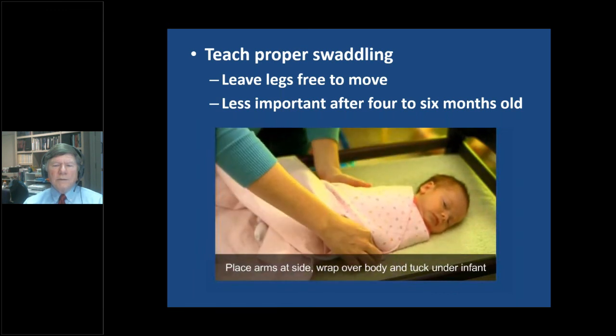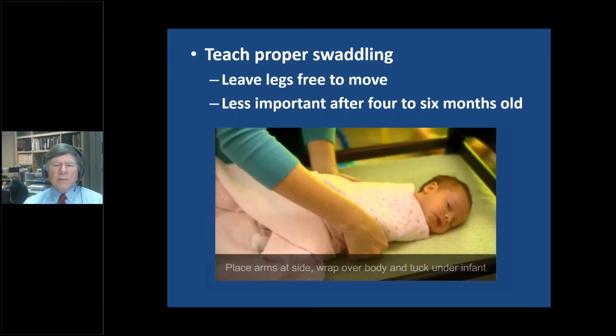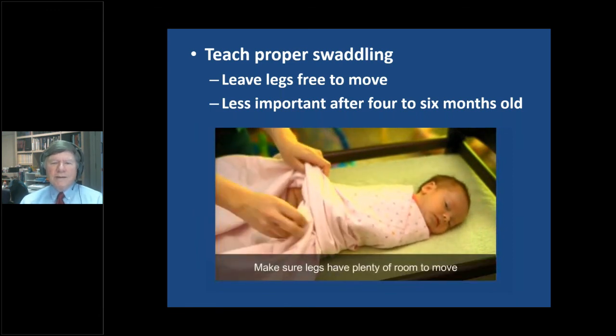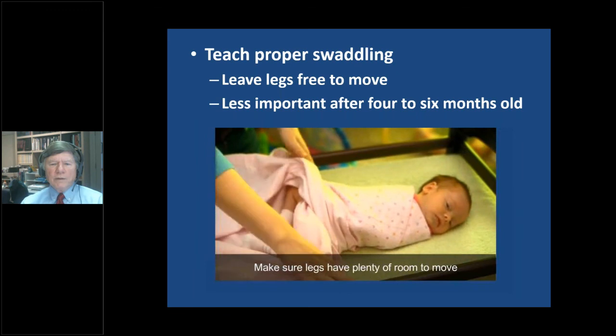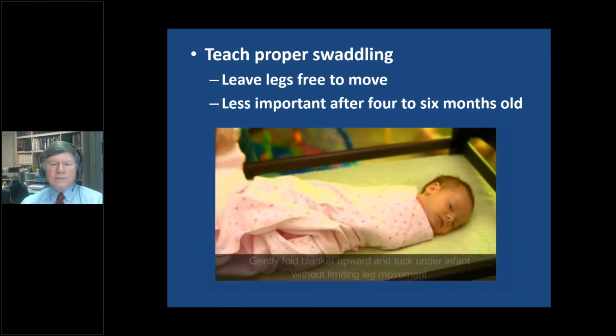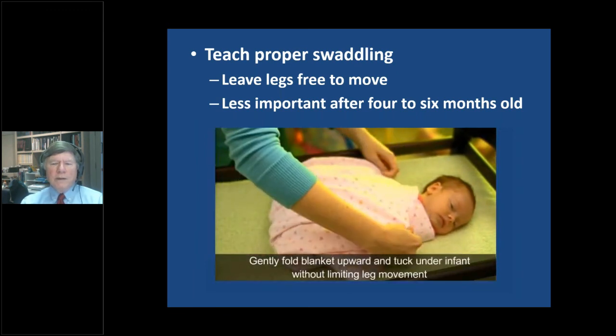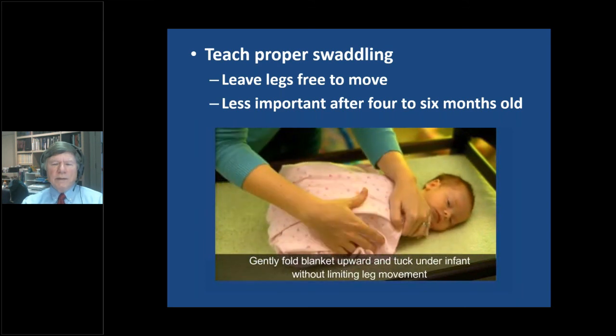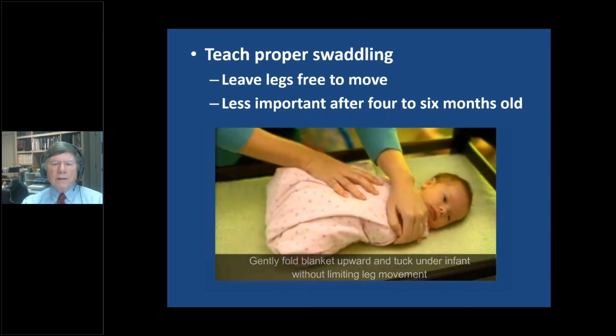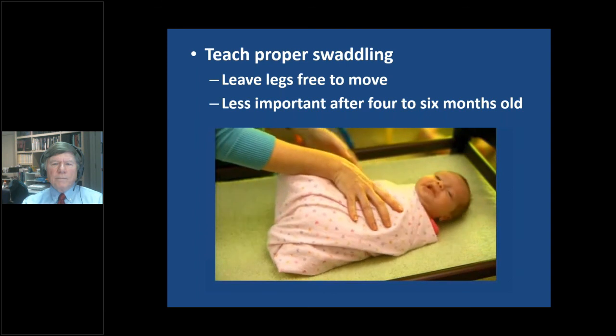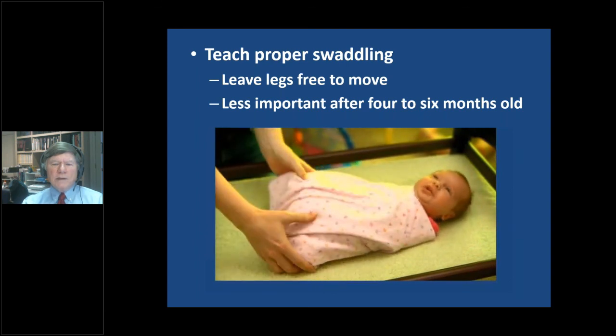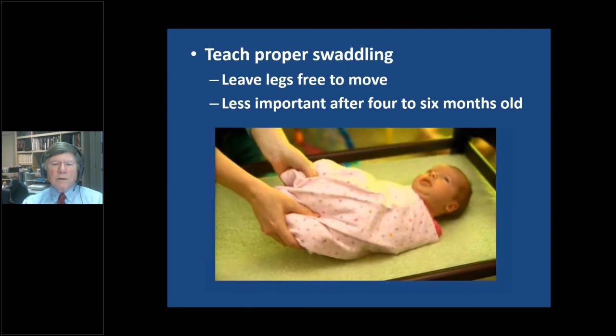Tuck it underneath. Now, this baby's not squirming too much, but this really does calm them down. Then make sure there's plenty of room for the legs, and don't wrap this very tightly. You just fold it up and tuck it gently under the baby, but leave plenty of room for leg movement. It's as simple as that. This video is on our website, hipdysplasia.org.